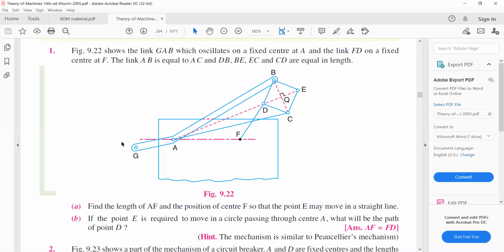Copy the problem and try to solve it. This is related to our Peaucellier motion mechanism. In this mechanism, how many links are used? Nearly 8 links are used. So how to find our link AF? Link AF, that is very important.